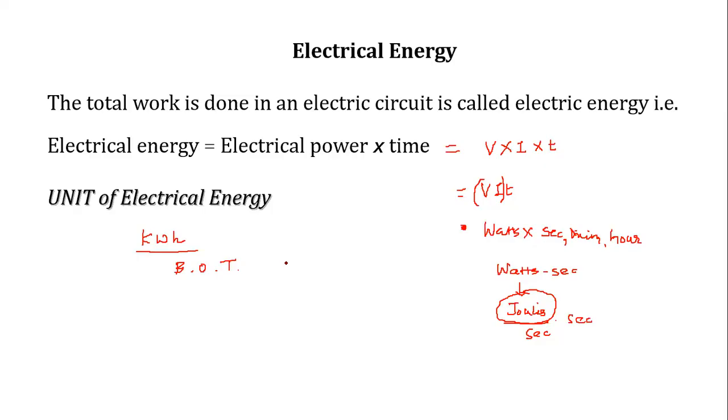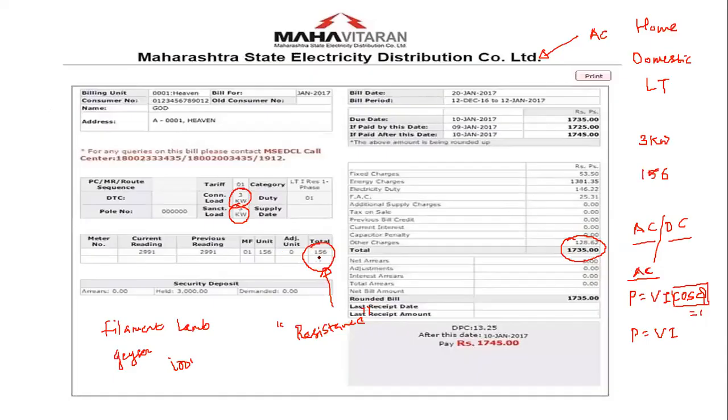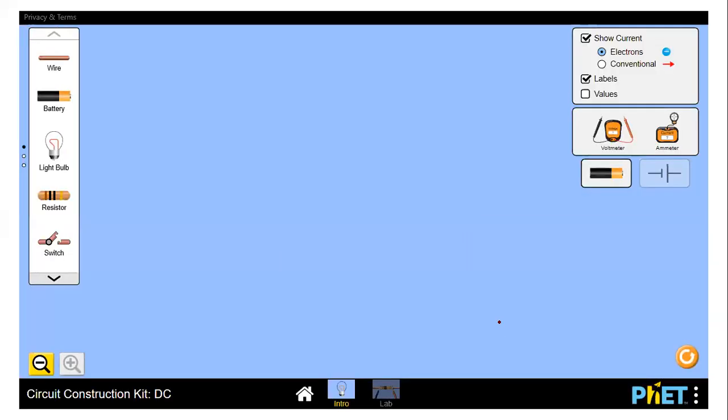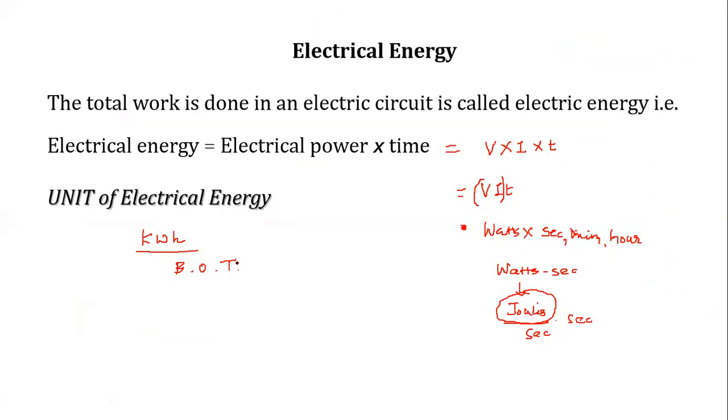Why? Because we just saw in this case, what do you mean by 156? 156 is 156 kWh, right? And for a month, it is for a month. So if I have to calculate, I'll write down here, 156 is the consumption per month.